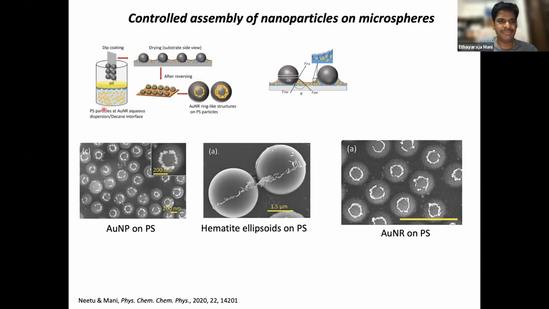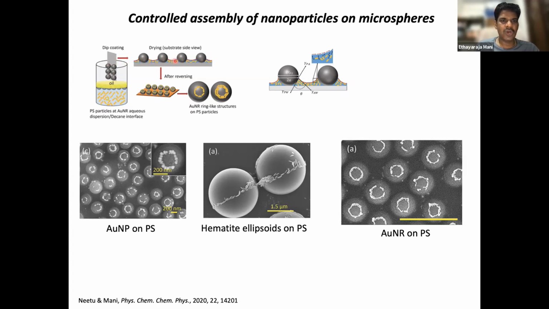We do this by simple dip coating, where we first make a monolayer of polystyrene particle spheres. When I say colloids, I'm talking about micron-sized colloids. And then you have a suspension which has gold nanorods. In a controlled way, you dip coat this particle in a substrate, and when you dip coat, you get this kind of wedged film.